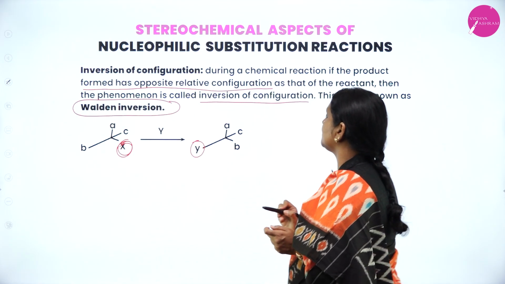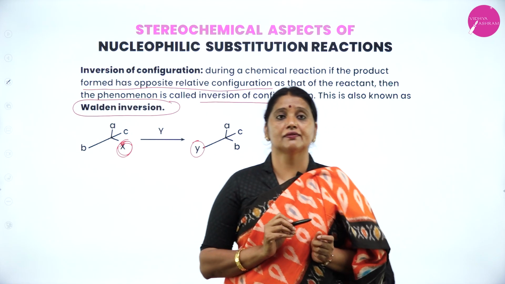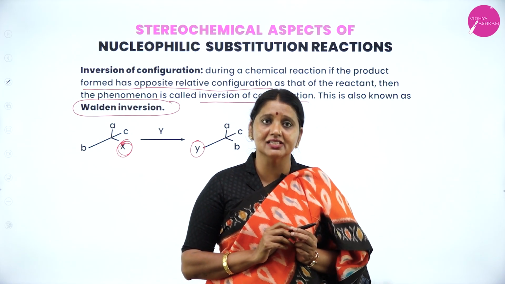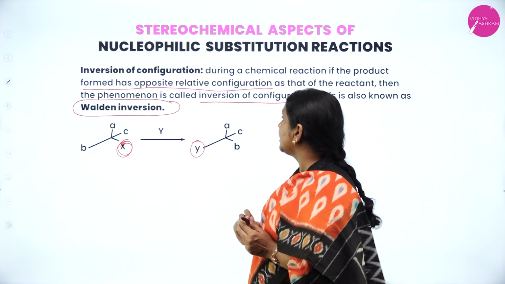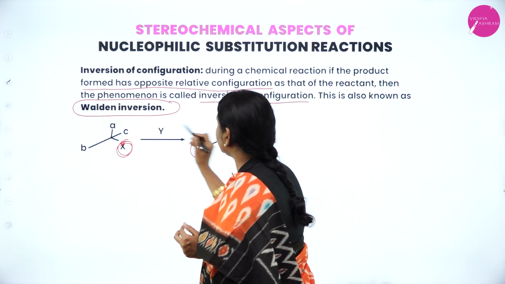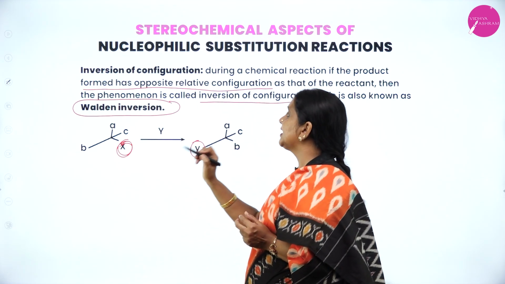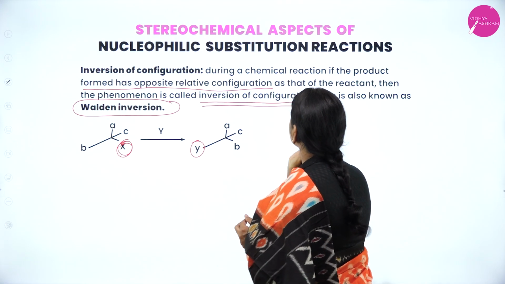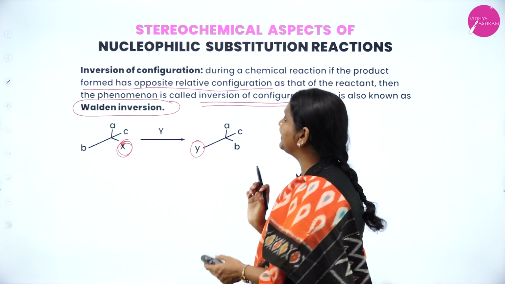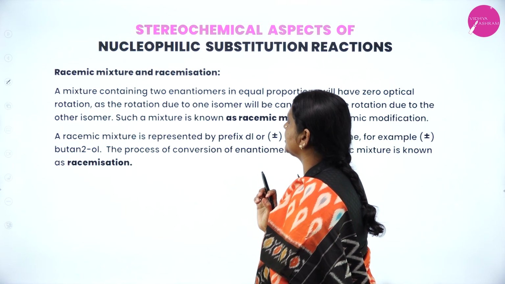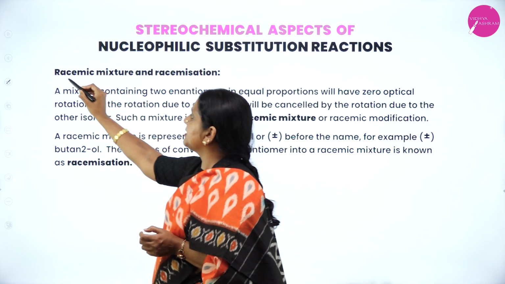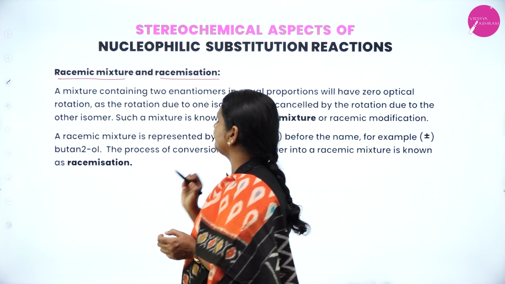If the configuration remains as it is, it is known as retention. If the configuration is opposite to that of the original, it is known as inversion, also called Walden inversion.